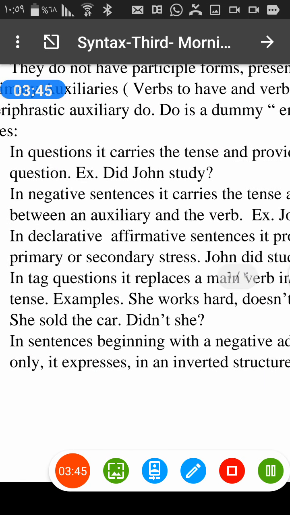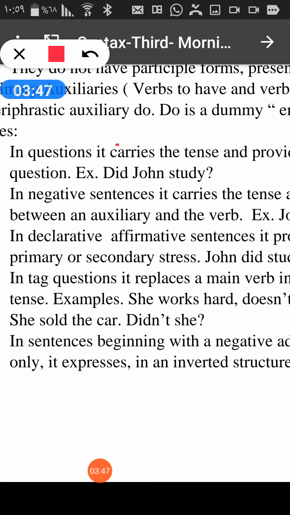So for example here, did John study? Did is an auxiliary which shows that the sentence is in the simple past because did is used in the simple past. This is the first function, the first use.